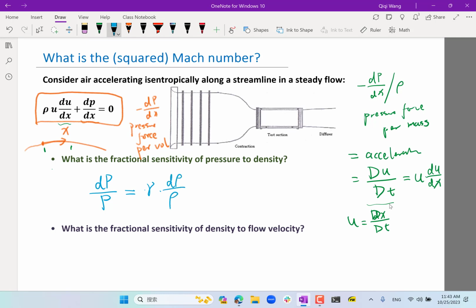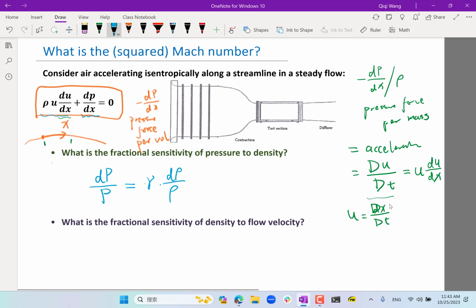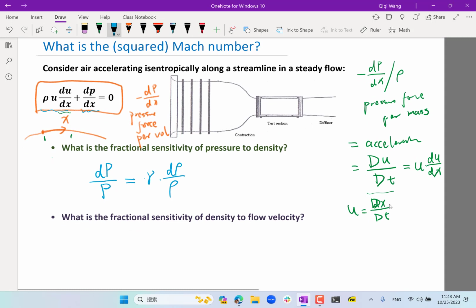That's going to be plugged into this equation. This equation tells us the relationship between a changing pressure and a changing velocity, and there is also a density in it. So what is the fractional sensitivity of density to flow velocity? Let's combine the blue equation with the black equation to derive that.